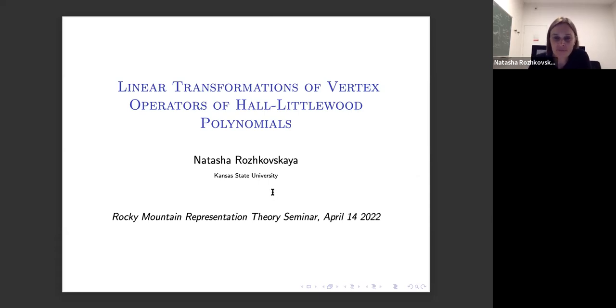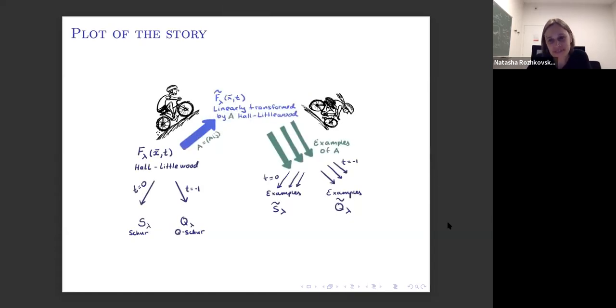And before I go into technical details, I would like to give some outline of the story, just to give some impression of what the main idea is. And here is the plot of the story. So there are symmetric functions, like, for example, Schur functions.